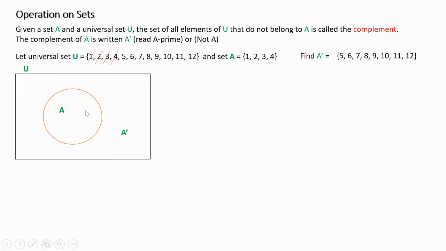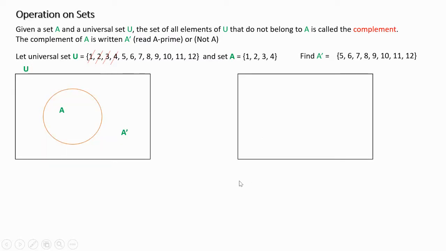Now, let's actually do a Venn diagram and show what's taking place here. There's my universal set, and there's my set A. What's set A? It's 1, 2, 3, and 4.